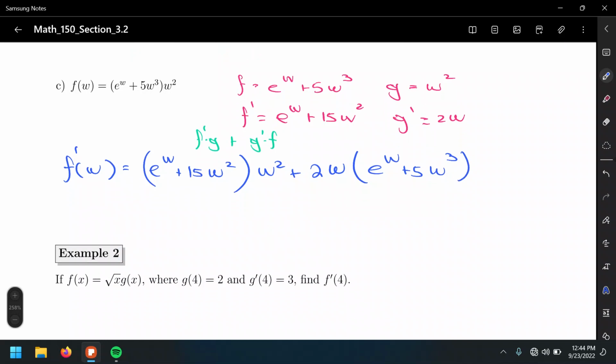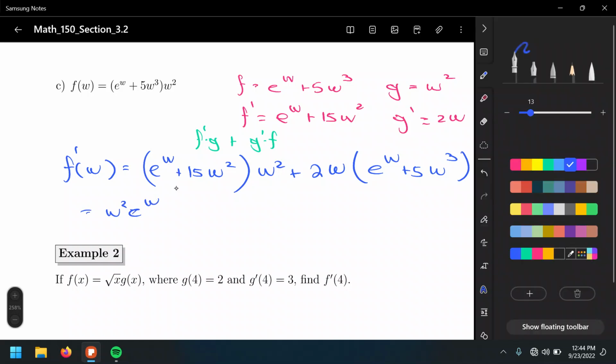So, number one, this will be w squared e to the w when we distribute here.